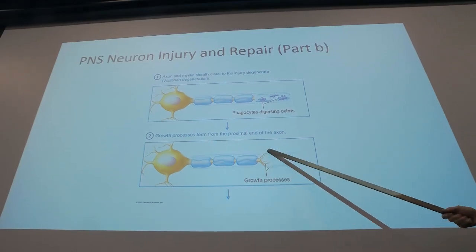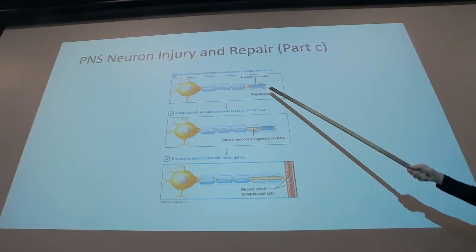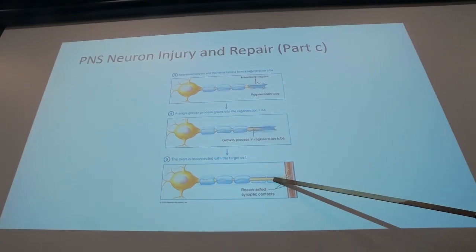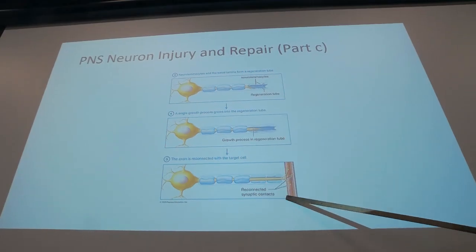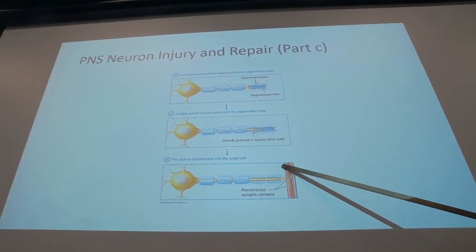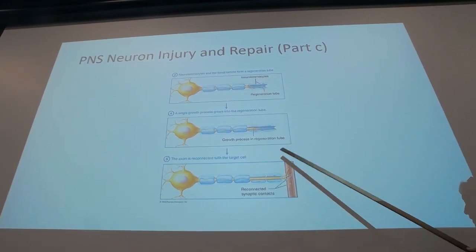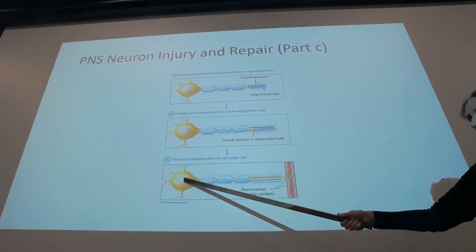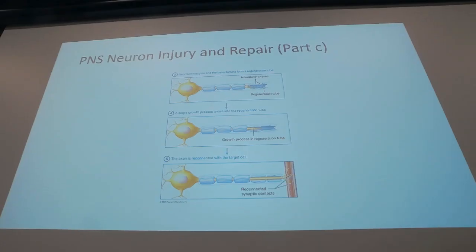And then once you have growth processes going on, they would follow a track, and then they will reconnect to this muscle cell, and the muscle cell will gain back its thickness. Now, if this nerve is severed close to the body, then this reconnection doesn't happen.